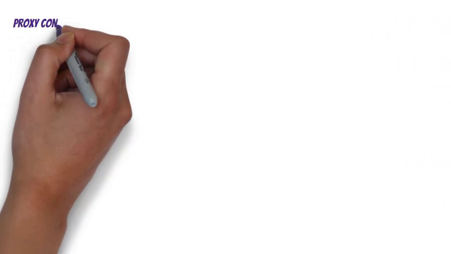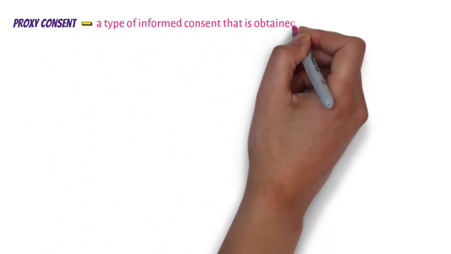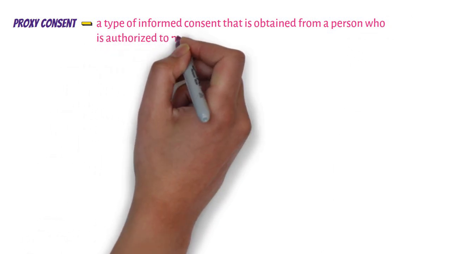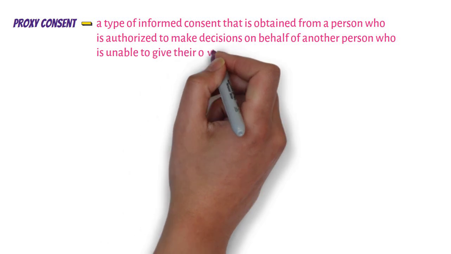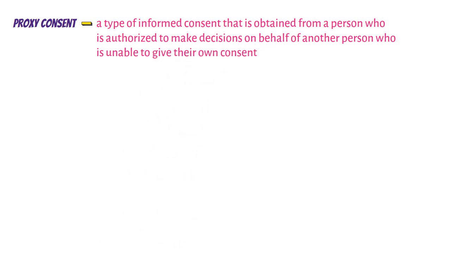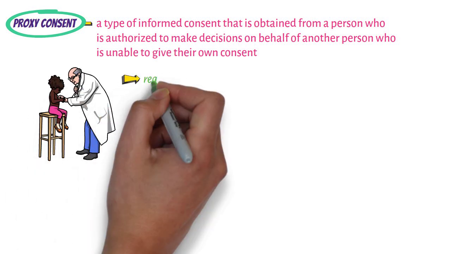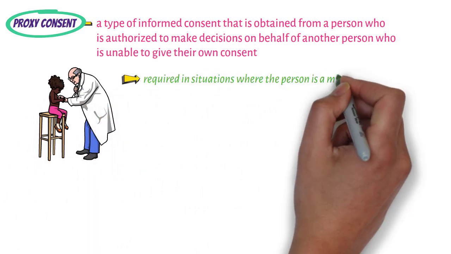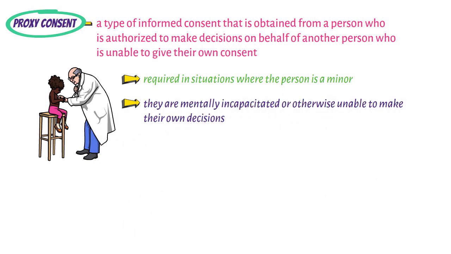Fourth, proxy consent. Proxy consent is a type of informed consent that is obtained from a person who is authorized to make decisions on behalf of another person who is unable to give their own consent. Proxy consent is required in situations where the person is a minor, or they are mentally incapacitated or otherwise unable to make their own decisions.